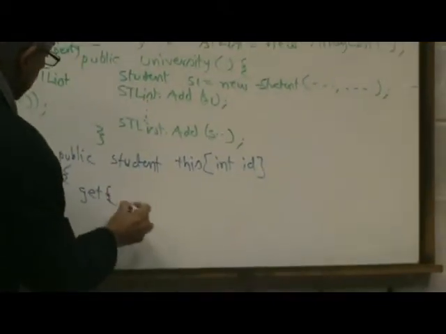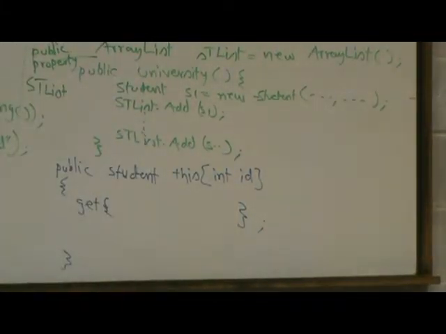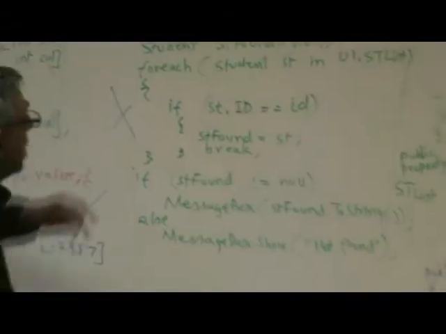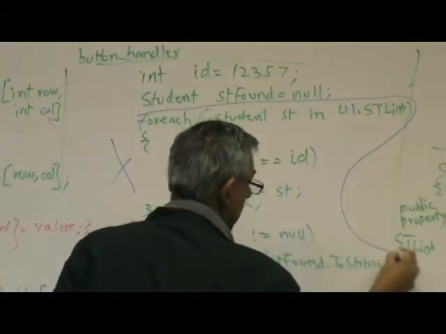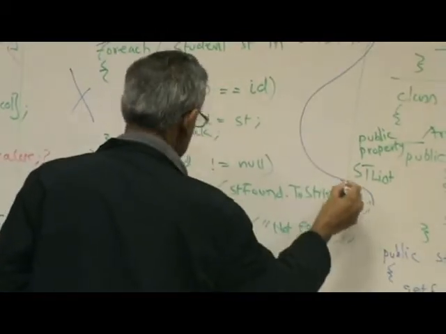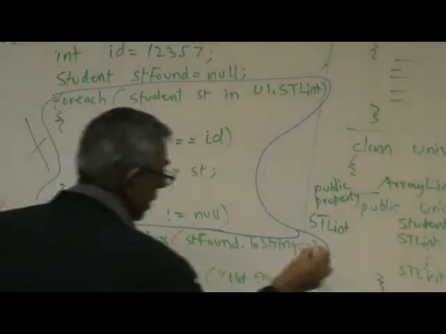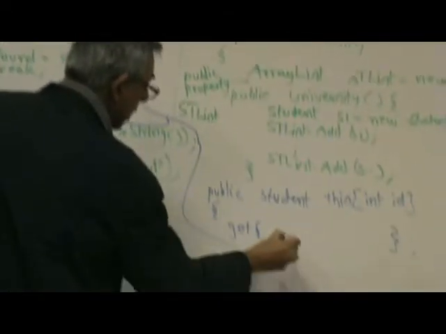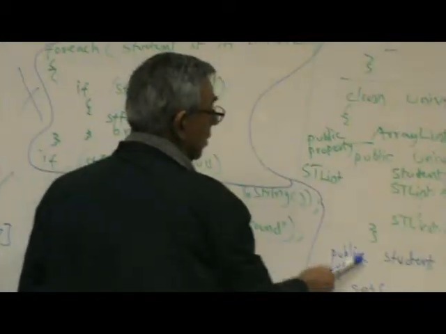For example, in the get part, what code will we write now? So all of this code starting from this part, okay, let's move this part of the code right over here. Okay, what change will we make in this part? Because now we are already inside the university class.